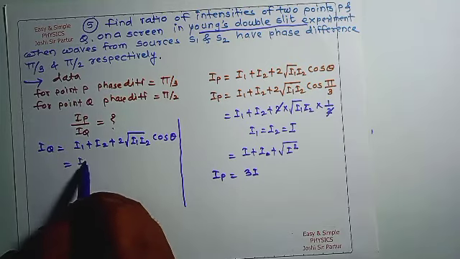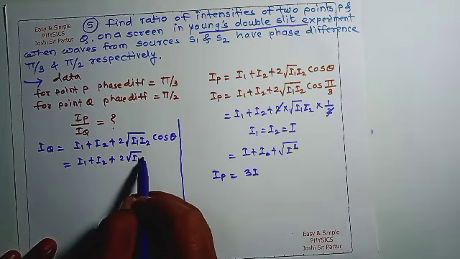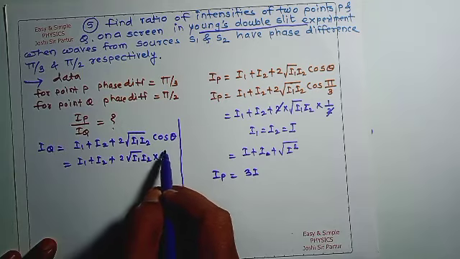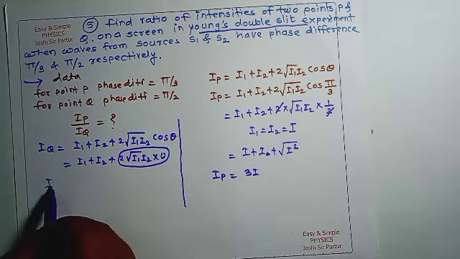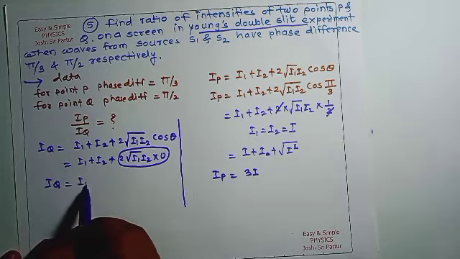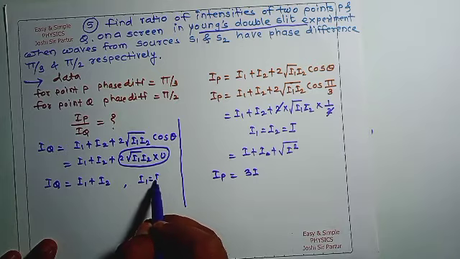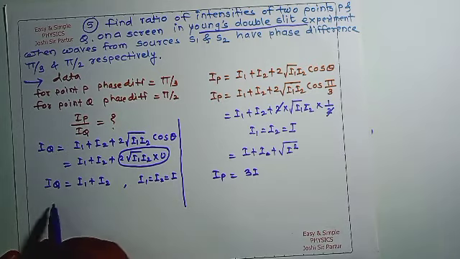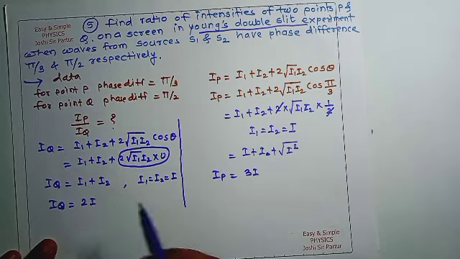Then it is I1 plus I2 plus 2 square root of I1 I2 multiplied by 0. So this value will be 0, and here IQ is equal to only I1 plus I2. If we keep I1 equal to I2 equal to I, then IQ is 2I.